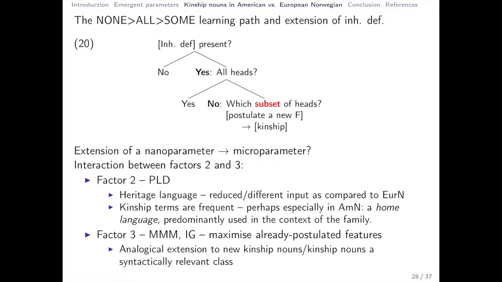So I think the fact that they're frequent would probably be an even stronger tendency in this type of variety. Then there's the third factor, maximize minimal means, and input generalization. Maximize already postulated features, so you've already postulated the inherent definiteness feature, and this principle will then give you a motivation to extend it. So there's interaction between these two factors.